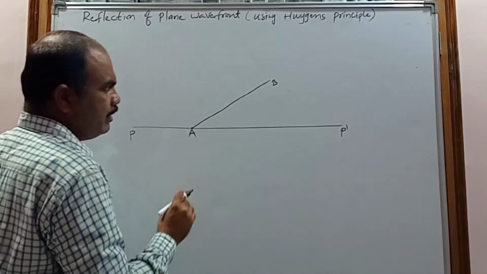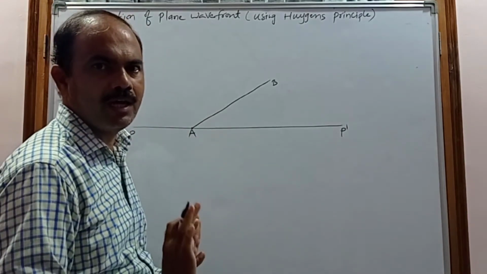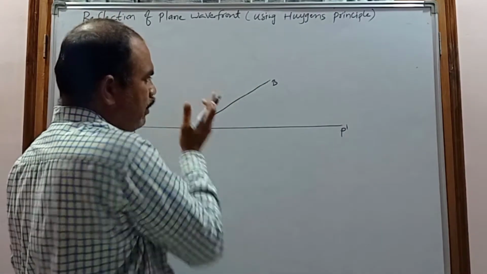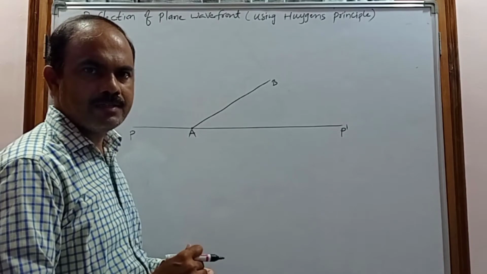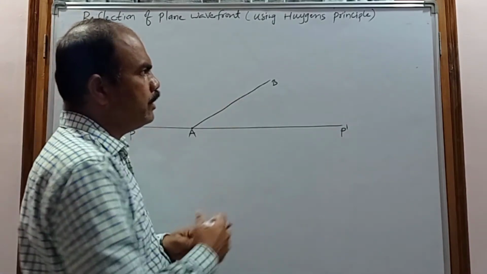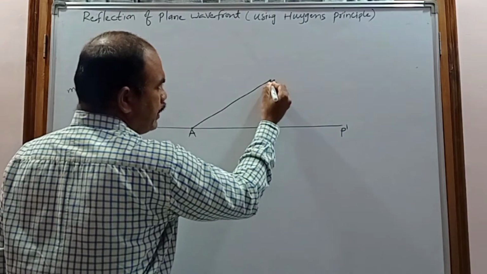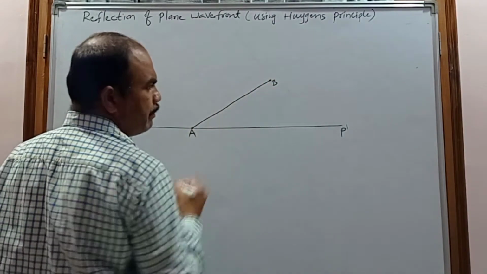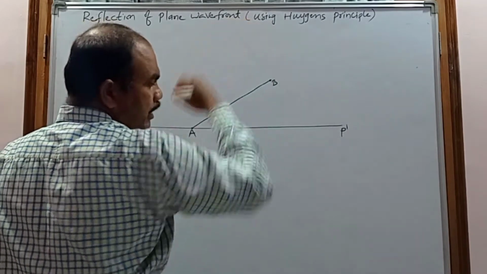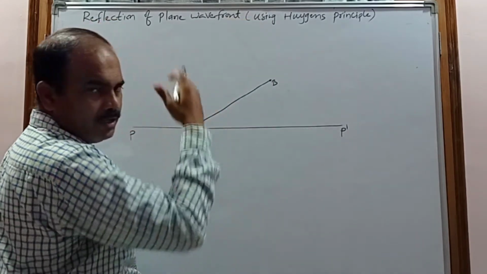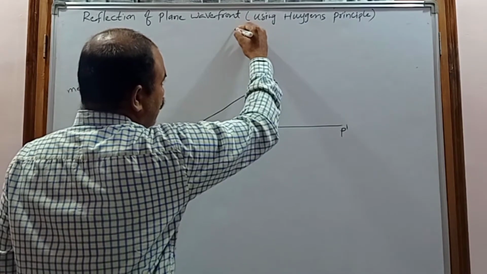To find with what angle it is incident, I am going to draw the light rays for the plane wavefront. According to Huygens principle, the light rays are always perpendicular to the plane wavefront. So I am drawing two light rays, at point A and at point B. They make 90 degrees with the wavefront.